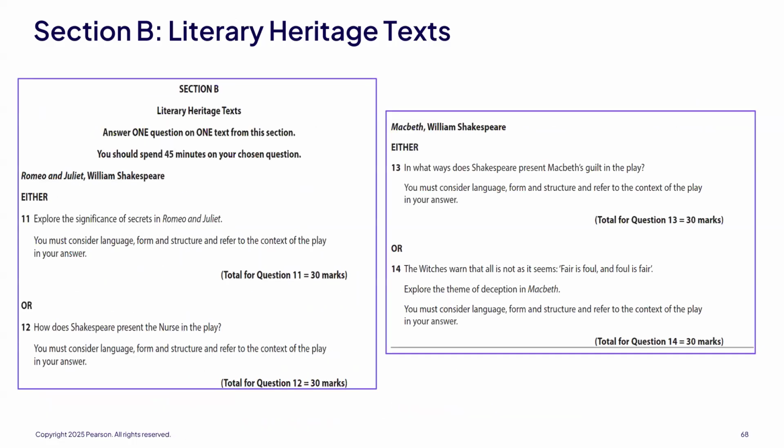So these are just your examples, but you'll find responses to these on the 4ET website. So: explore the significance of secrets in Romeo and Juliet, and then the signposting to the AO2. To the AO2, you must consider language, form and structure, and to the AO4, refer to the context of the play. And we'll see that in each of these questions.